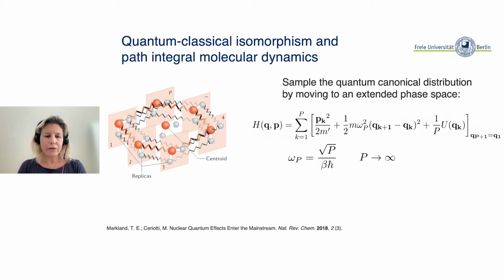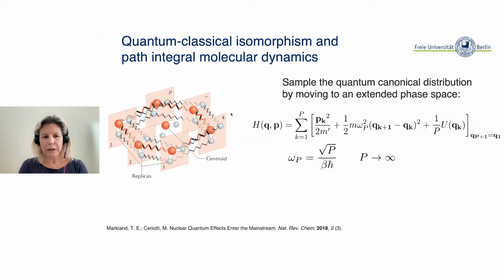So you can reformulate the quantum problem into a very high-dimensional classical problem. This is exact in the limit of the number of replicas going to infinity. So we make the problem much heavier; it's classical, but much heavier computationally.